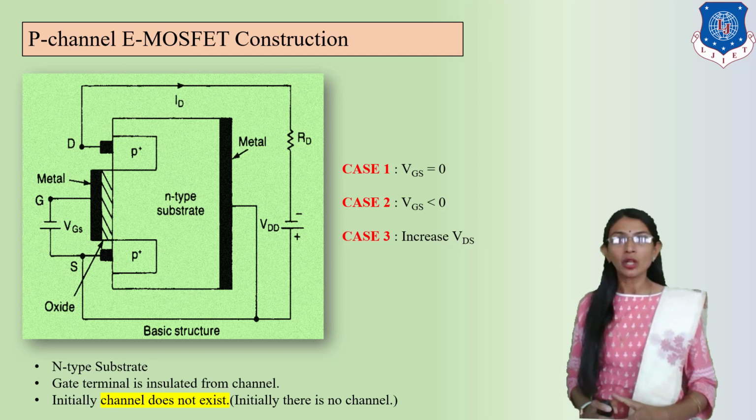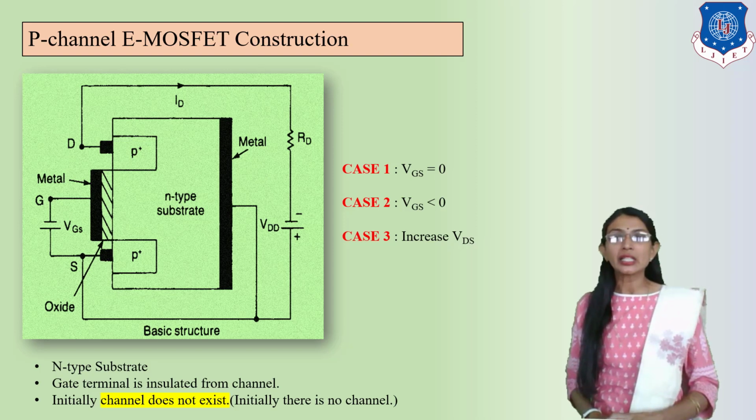If we do not apply any battery at the input side, then there is no movement of electron and hole carriers in this construction. So we will not have any moving carriers, or no channel will be there. Therefore, the current will be 0. ID is equal to 0 if there is no battery at the input side.